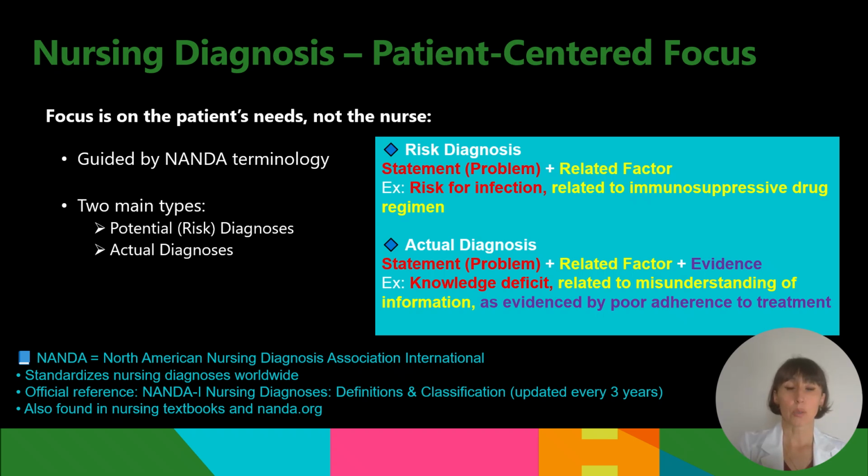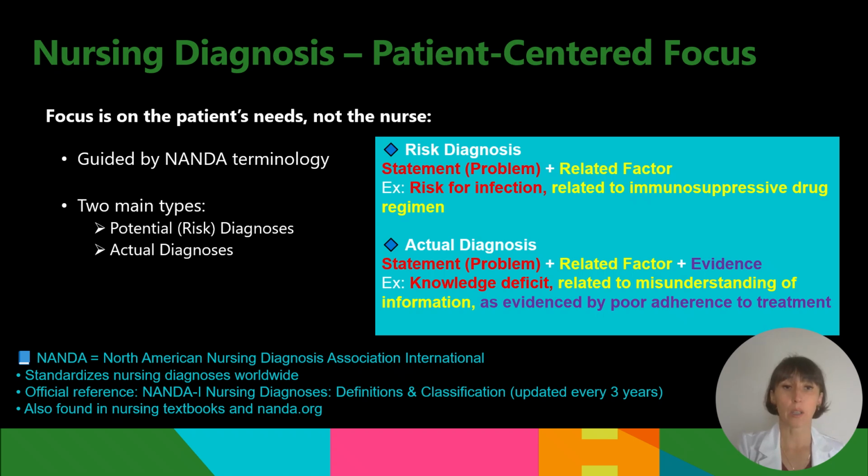That's a risk diagnosis. Now, actual diagnosis describes what is happening right now, what is already there. These require 3 parts, not 2 parts. The 2 parts are the same: diagnostic statement and the related factor, and then we're adding the 3rd part, evidence that supports it, because now it's an actual diagnosis, we have evidence.